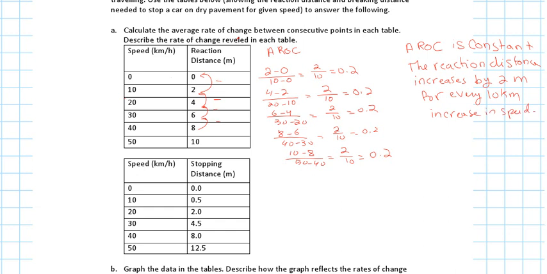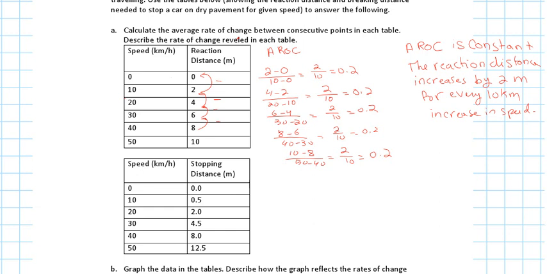So that means if you are driving, let's say 30 kilometers per hour, you would need a certain distance to stop. But if you are driving 40 kilometers per hour, you need 2 more meters to stop. The reaction distance increases by 2 meters for every 10 kilometer increase in speed.